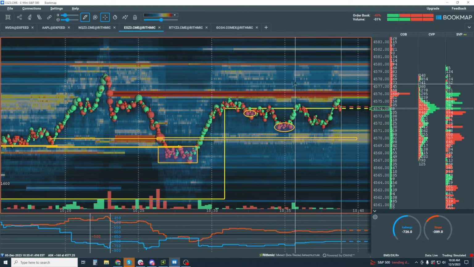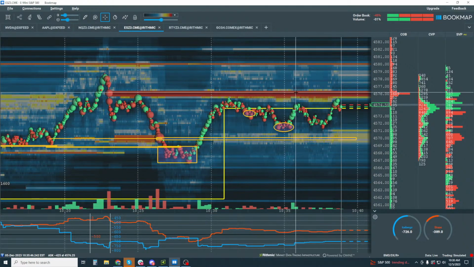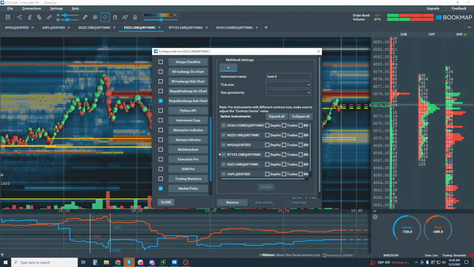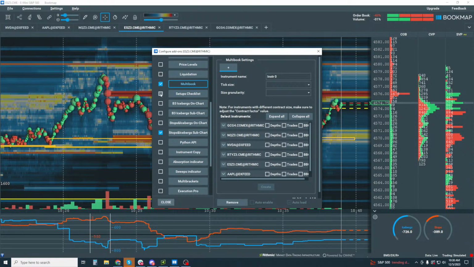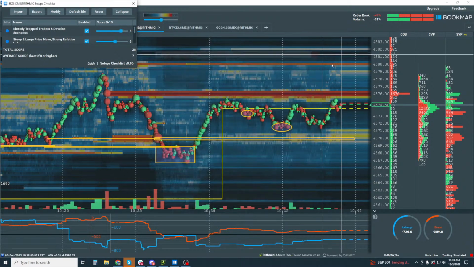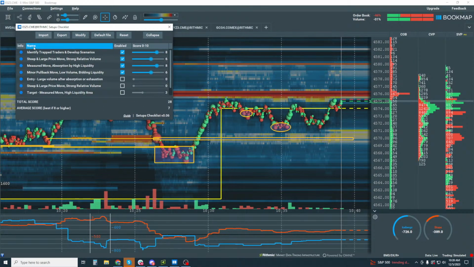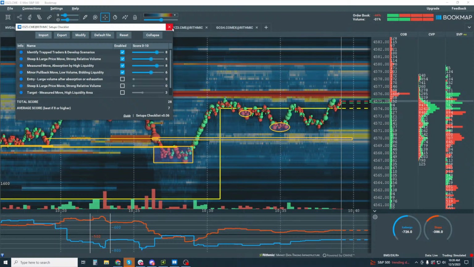And this is why we included it in our checklist here as well. When we look at the setups checklist here and look for a continuation pattern, one of the first elements is to identify trap traders and develop scenarios. That's exactly what we're doing.